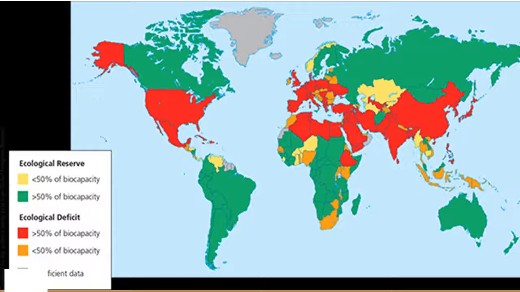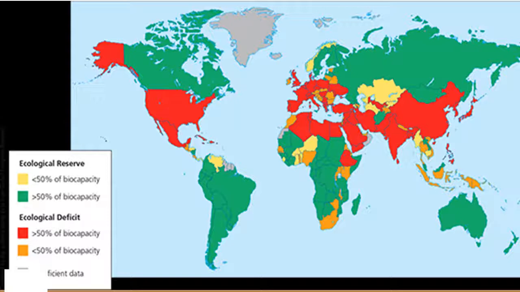Let's focus first on ecological reserve. We are going to look at countries that are in a surplus scenario. So we have Canada, which has a very large land geographic region. It may have a smaller population though, and much of this land area may not be fully occupied by people as a result of the biome and the type of climate that is present.